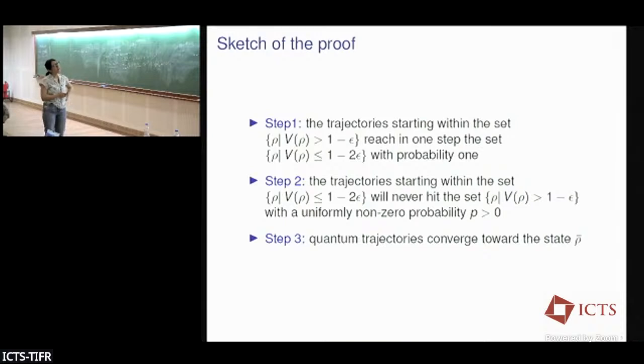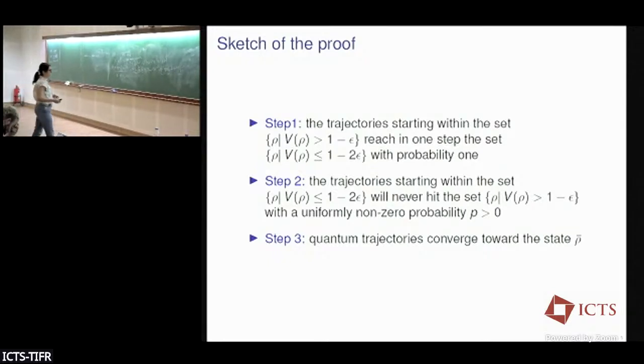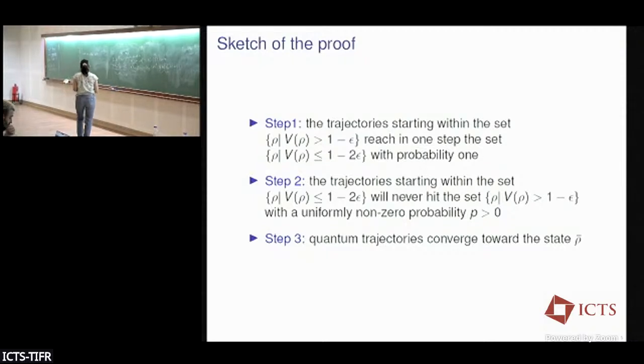And here, in fact, the idea is, in the first step, to show that when you are very far from the target, the trajectories can reach a state that becomes closer to your target in one step with probability 1, okay? In the second step, you need to be sure that the trajectories don't leave the closer region.